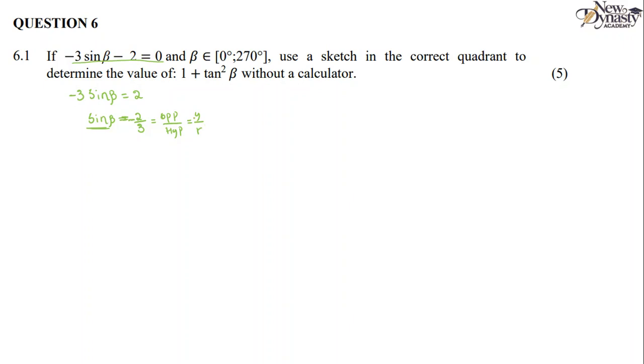I prefer this one actually, y over r. So that's how you can do that. Now, in this case, it means we are given 2 sides of the triangle. Remember, these ratios work with the triangle. So since the examiner told us to use the sketch, we're going to draw the sketch, and that is what is going to lead us to see what is happening here.